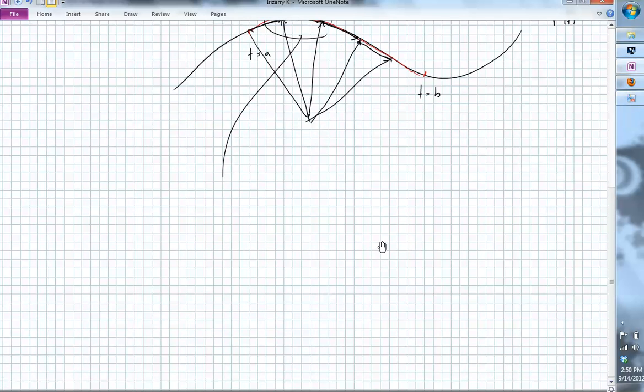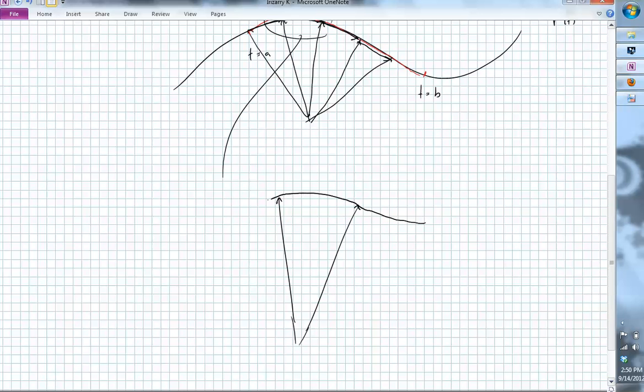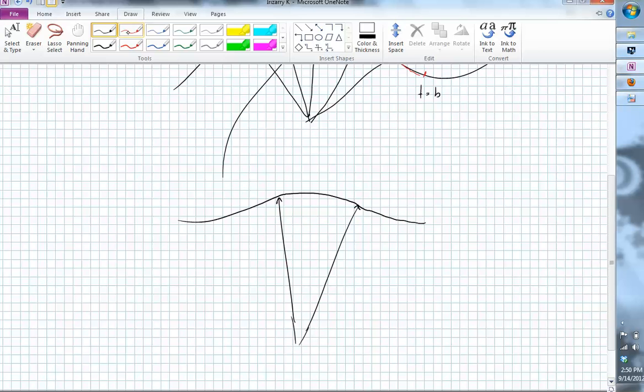Okay, what I want to do is focus on just one of these guys. Terrible drawing today. Let's do the curve in through here. Let me get my hands on a different color.